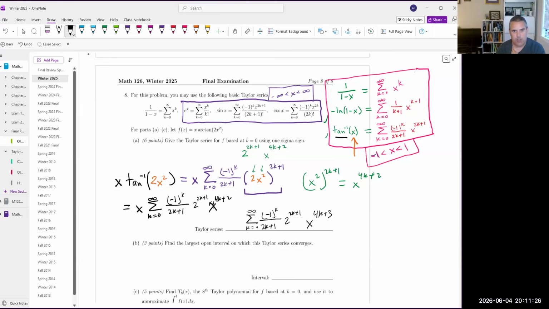There was a homework question. Yeah, it's 4k plus 3. You might be thinking of the homework question about sine squared or cosine squared, but that you could do because of that identity. If you left the x on the outside, that's fine, but it will affect you in part C. Yeah.